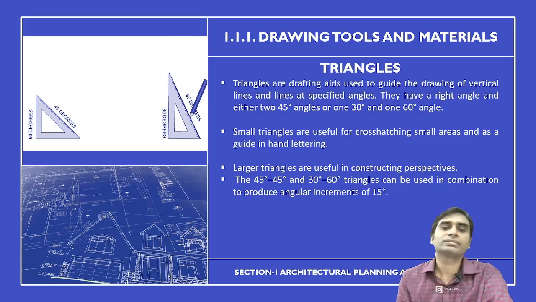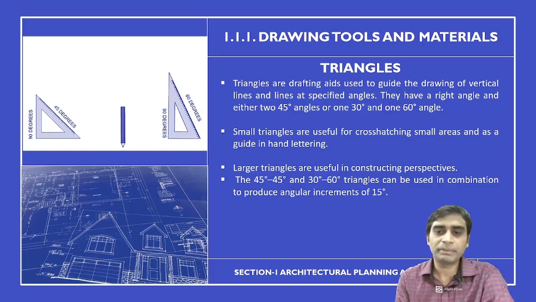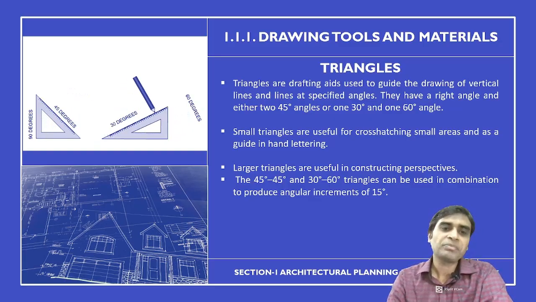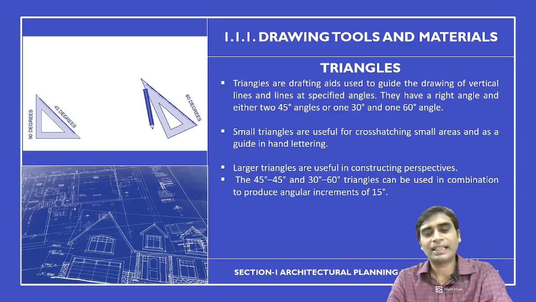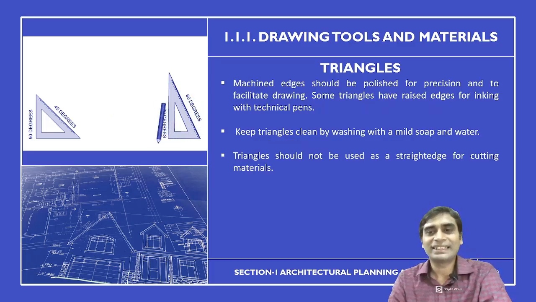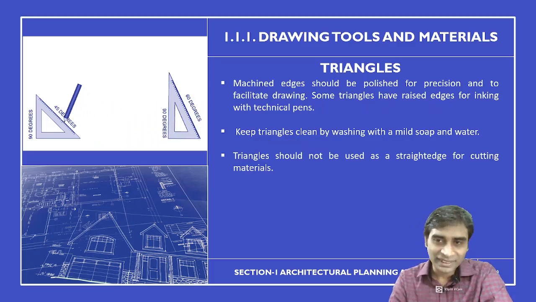That depends on practice. When we start practicing, you are able to draw the various angular lines. Smaller triangles are used in hatching, and bigger triangles are used in making perspectives.